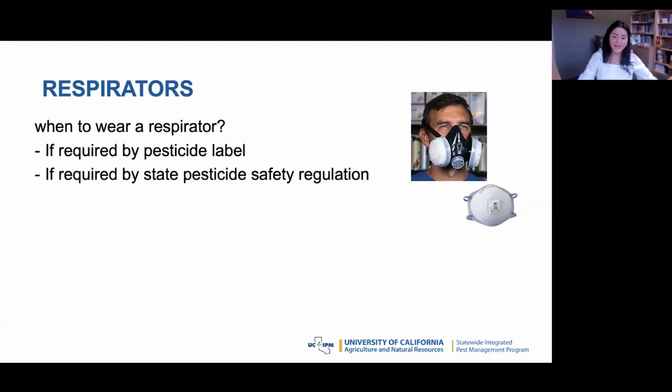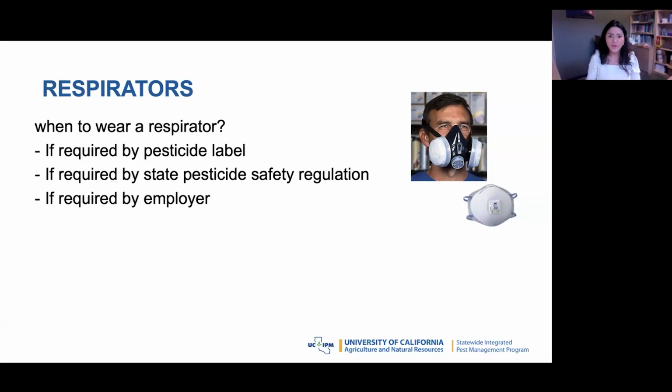It may also be required by a state safety regulation, or by employer policy. And so I know that people that apply fumigants in fields or structures are required to have a respirator, but in the workplace a respirator is going to follow a respirator program, which entails a medical evaluation, a fit test, and a very detailed set of requirements for a person to wear a respirator at the workplace.